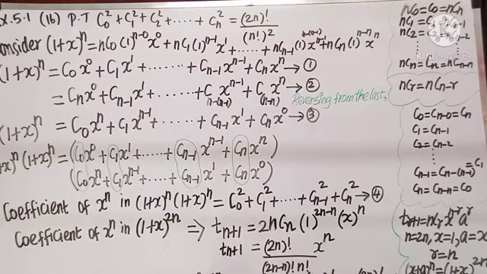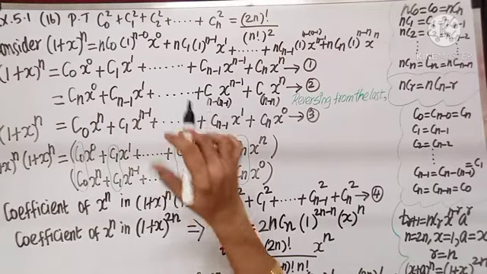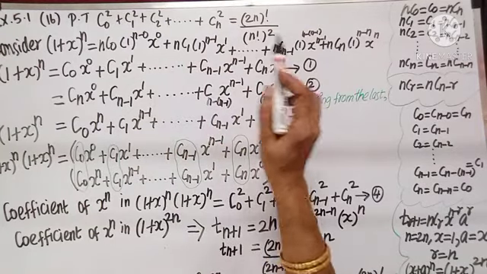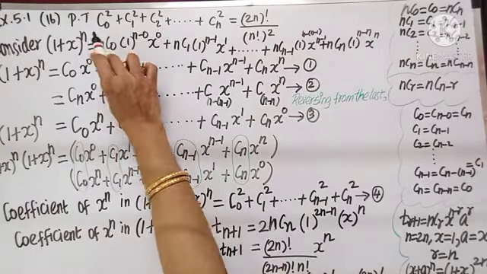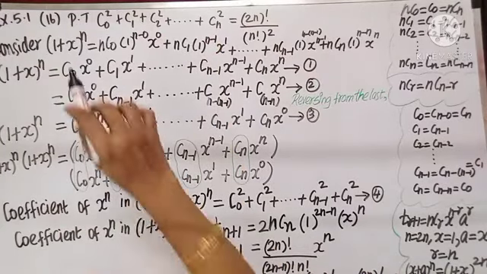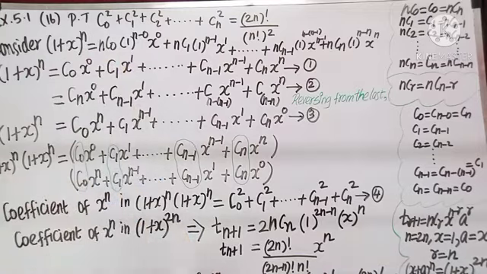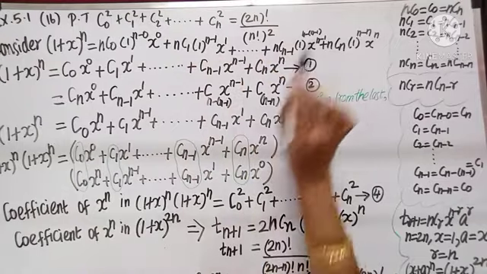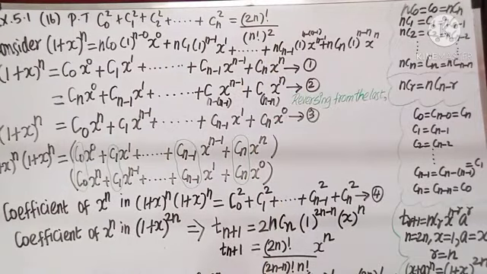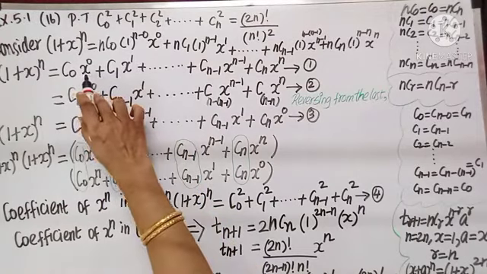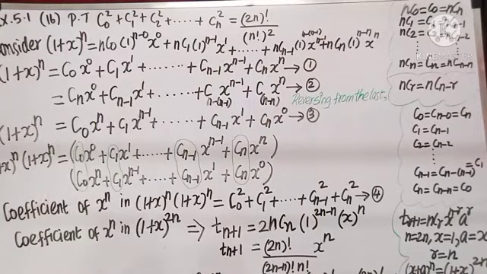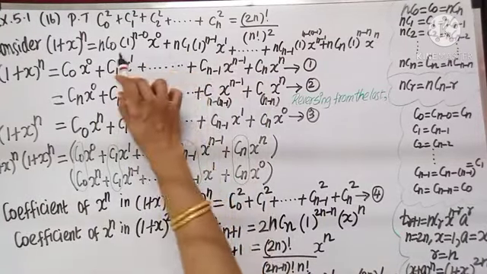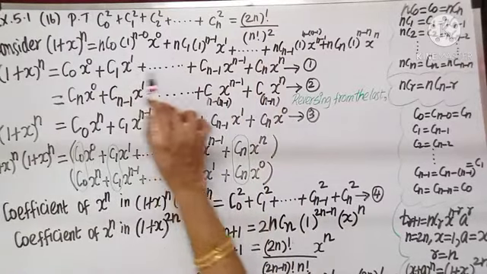But in the question paper, you must be able to identify from which section it has come. So, as I see C0 to Cn, let me remember the expansion (1 plus x) the whole power n, in which 1 power is ignorable, because 1 power gives only 1. I am left with x^0, x^1 up to x^n, and the coefficients nC0, nC1, we can write C0, C1 up to Cn.